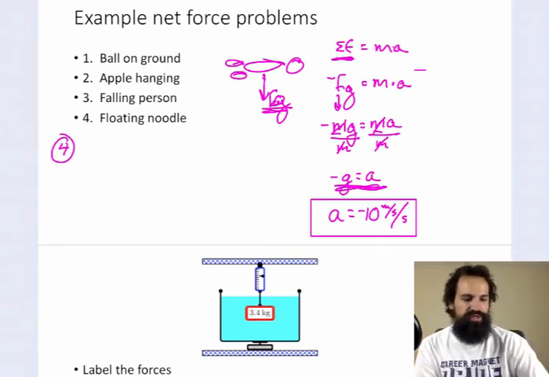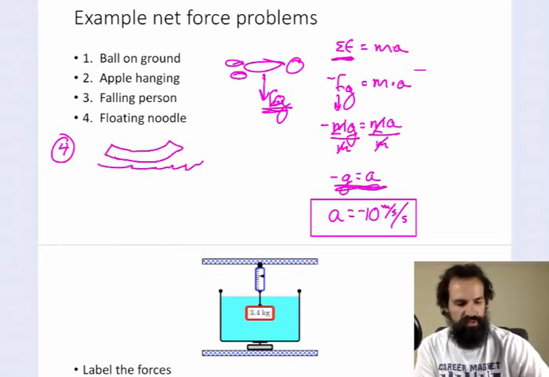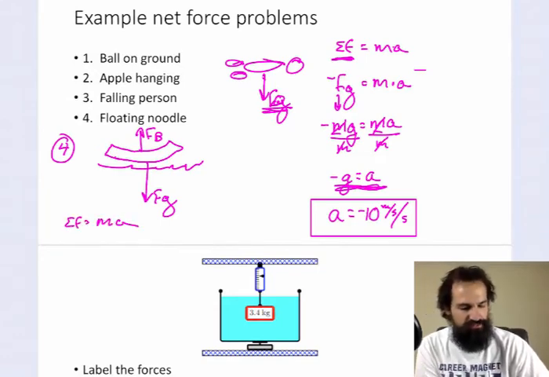All right, number 4 is a floating noodle. We have the weight down and buoyant force up. And then I'm going to jump into my net force equation. Net force equals mass times acceleration.